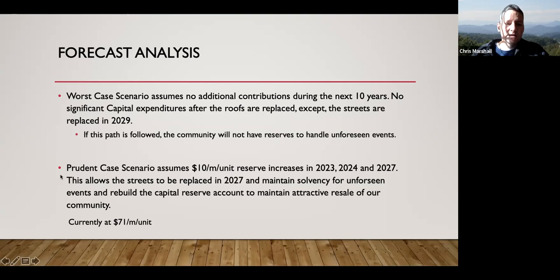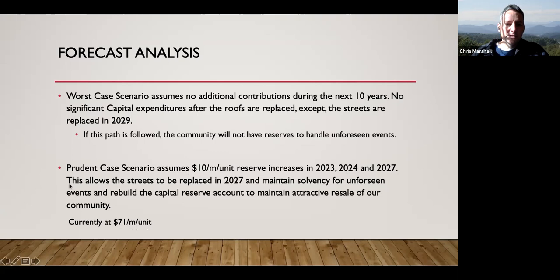Just to contrast that, the model I put together, which I called the prudent case scenario, assumes additional contributions to the reserves of $10 per month per unit for 2023, 24, and 27. As a baseline, we're currently at $71 per month per unit for contribution. And I'm proposing, for discussion, that we think about increasing that a few times over the next 10 years.